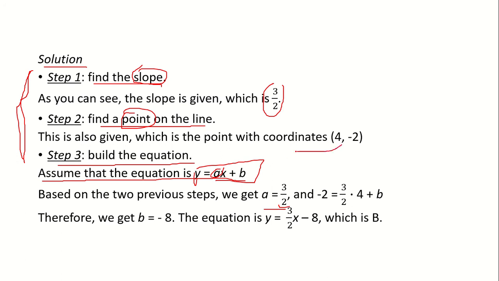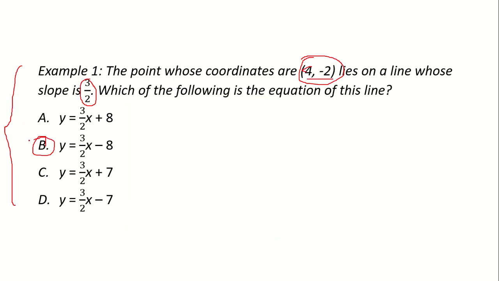And since this point lies on the line, it will be a solution to this equation. So -2 equals 3/2 multiplied by 4 plus b. Solving this, we get b is equal to -8. And the equation we need to find is this, which is answer B.